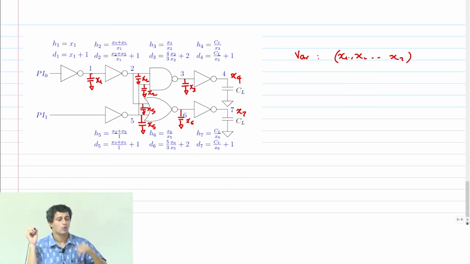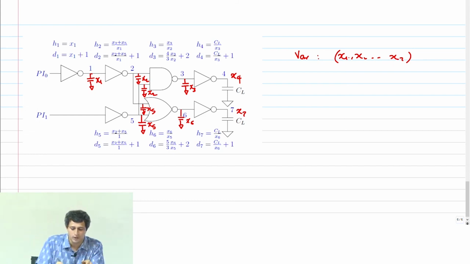Okay. So what is the delay of inverter I1? It is GH plus P. What is H? Yeah, X1, right? Assuming that the first inverter is a 1x inverter. Okay, let's keep that as an assumption. So H1 is basically just X1, and therefore the delay of the inverter is X1 plus 1, right?